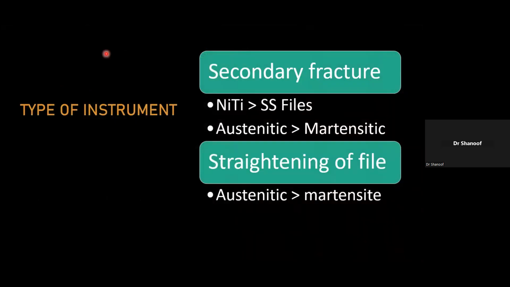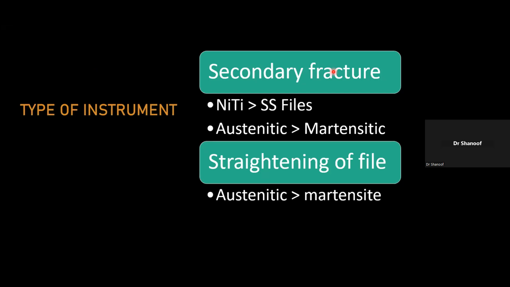So the next factor is the type of the instrument. NiTi files undergo secondary fracture more often than stainless steel files. This is due to the cyclic fatigue caused by continuous ultrasonic vibrations, whereas stainless steel files absorb this energy and just pop out of the canal.